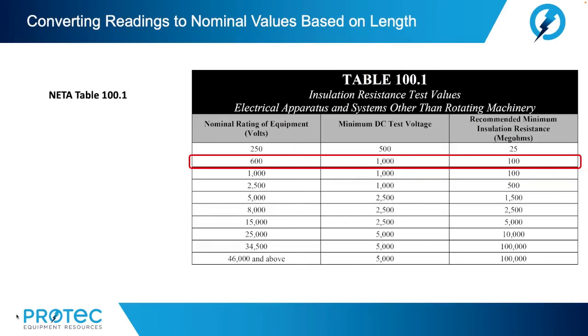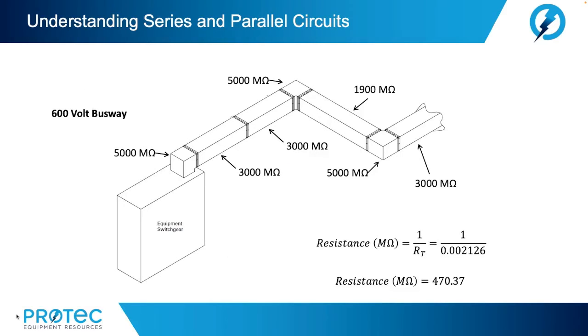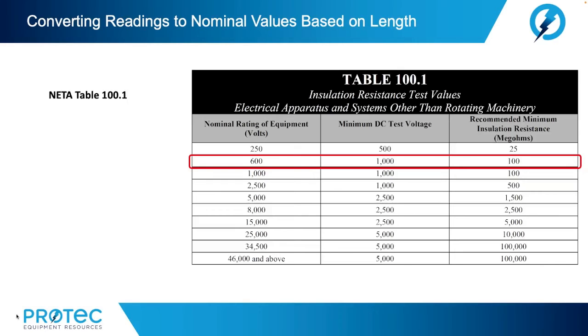Now, if we go to the NETA table 100.1, as we recall, this is a 600 volt busway, okay? So if we go back to the NETA table for nominal rated equipment, 600 volts, minimum DC test voltage would have been done at 1000 volts when we were doing our insulation resistance test.